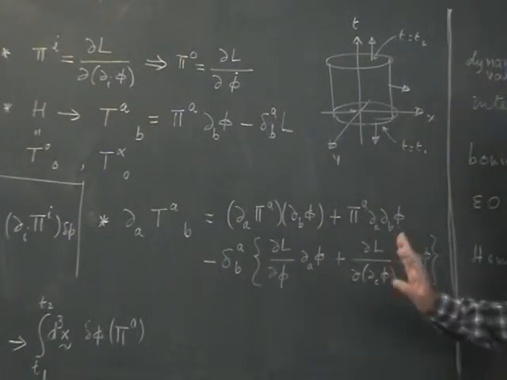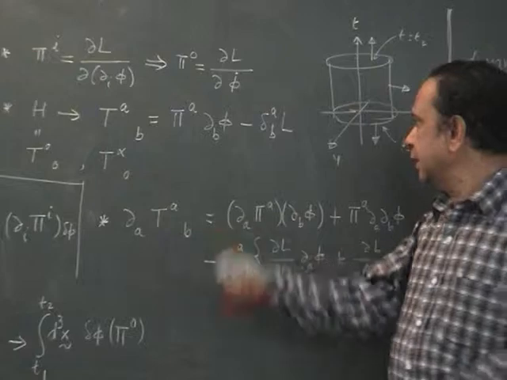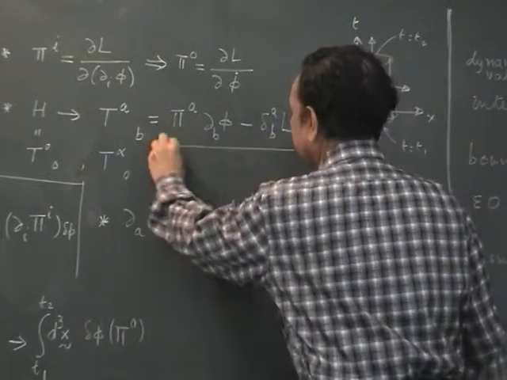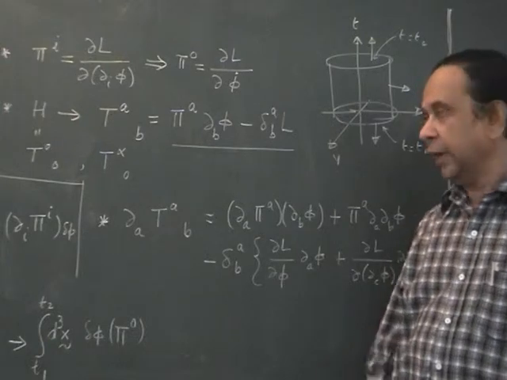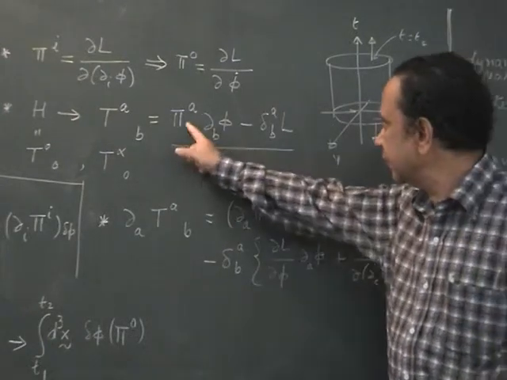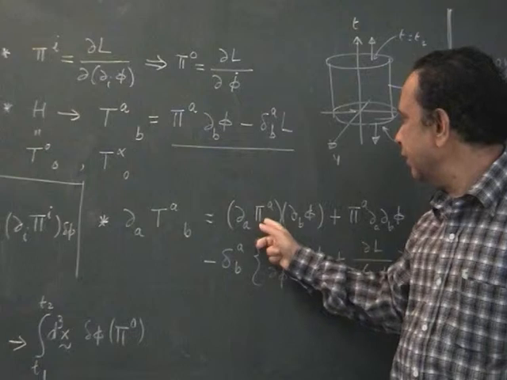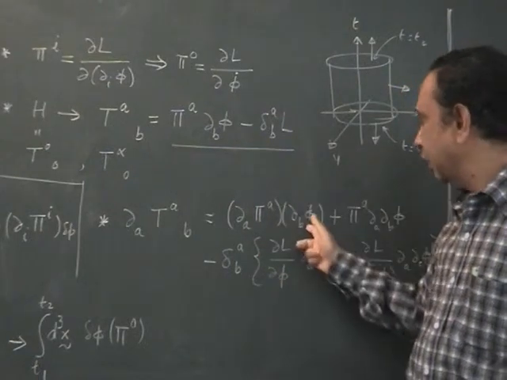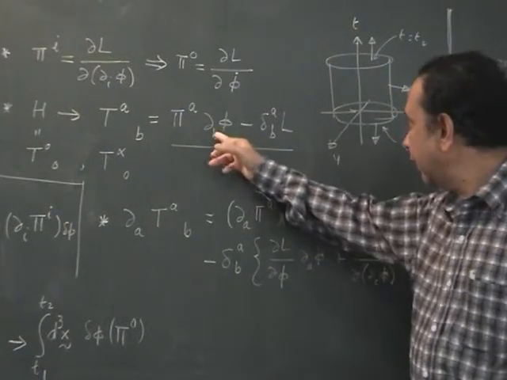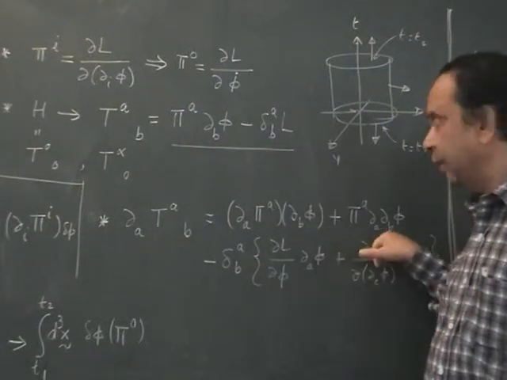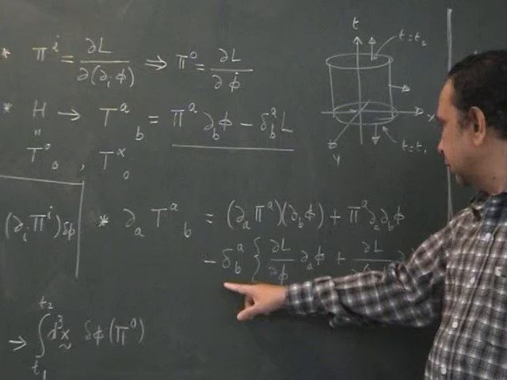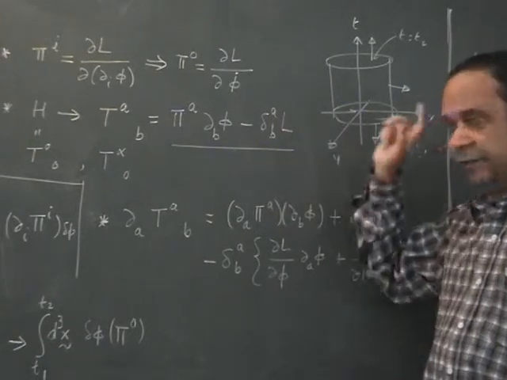Let us make sure you understand that. What you have done is to take this expression and compute dA of that quantity. So dA of this: first I will have a dA of pi A times this quantity. Then I will have pi A going for a right derivative of this, which is dA of dB, minus delta AB, then the derivative of the Lagrangian.